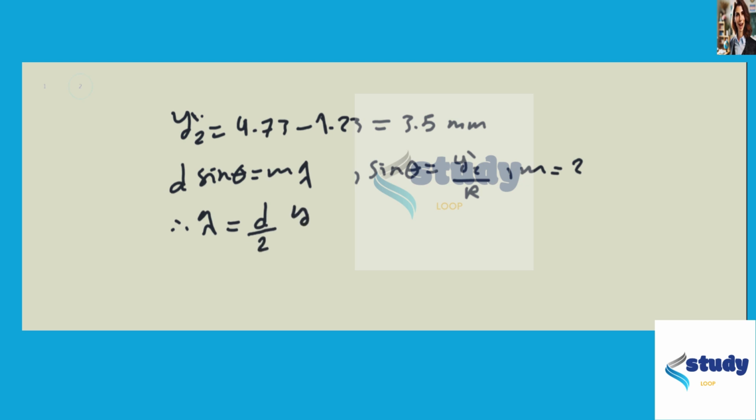If we substitute all the numbers we already have, since we know y2 prime, r and d from the previous part, we find that lambda is 4.81 times 10 to the power minus 7 meters. And this will be the wavelength of the second source.